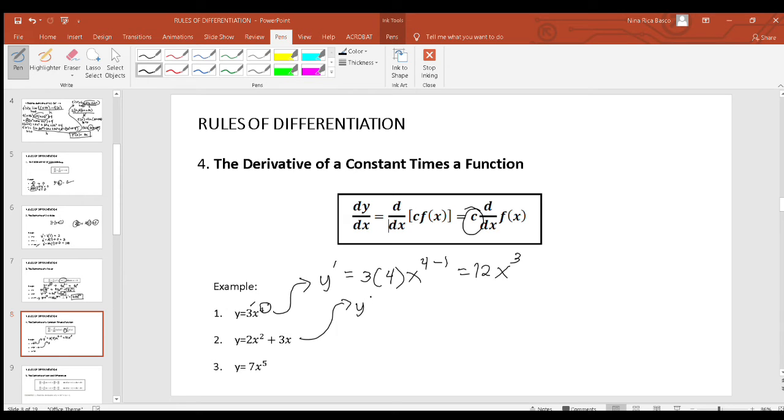Y prime of, ano yung derivative ng 2x squared? 2, tapos bring down natin yung 2, x raised to 2 minus 1, plus 3, ano yung derivative ng x? 1 lang. Kapag sinimplify ito, magiging 4x plus 3.